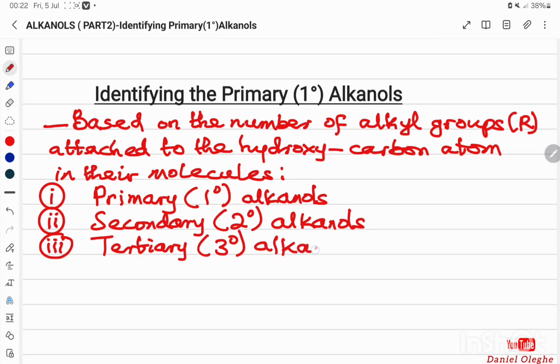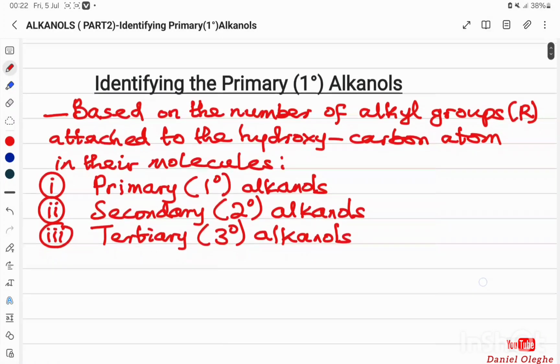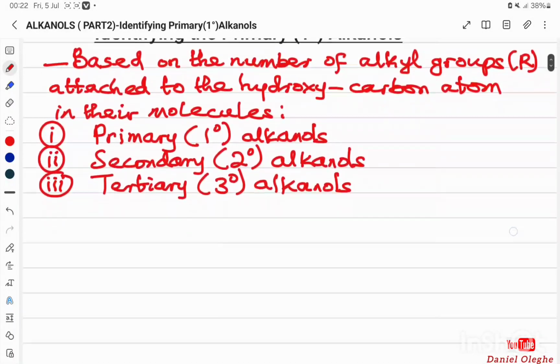These are the three classes of alkanols based on the number of alkyl groups that are attached to the hydroxy-carbon in their molecules. So we have primary, secondary, and tertiary alkanols.